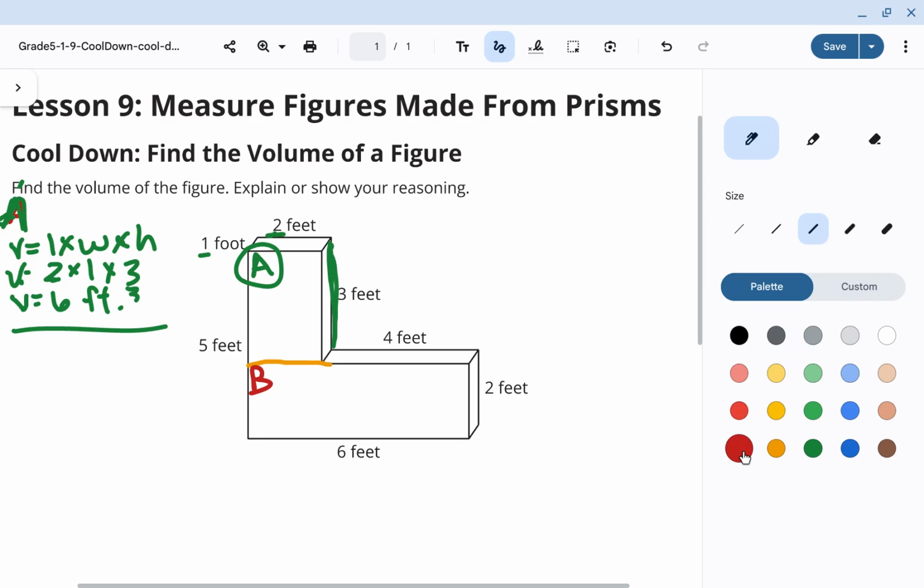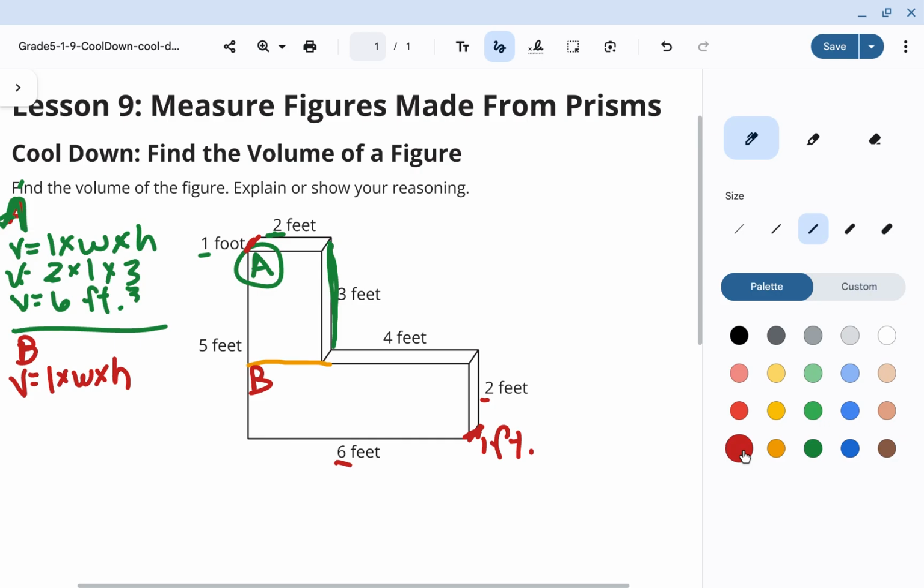So now we have calculated the volume of prism A. Now we're going to calculate the volume of B by building our equation, multiplying together the length and the width and the height. So where is the width? Well, remember that width can be found on this congruent and parallel side or edge of our shape.